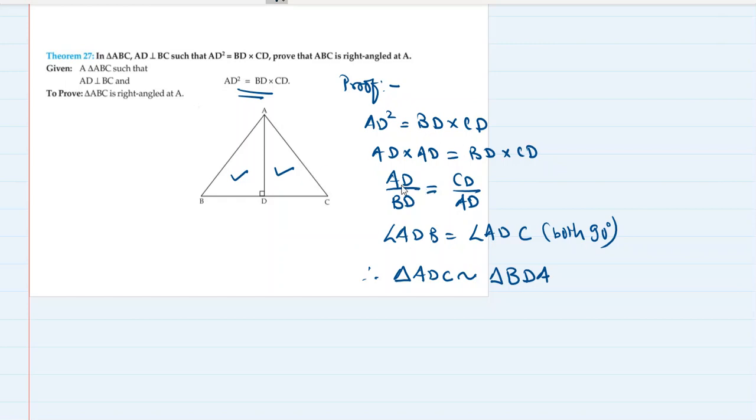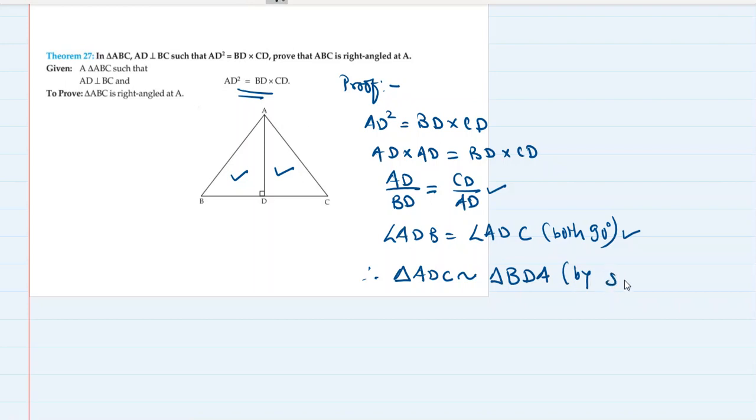From this backdoor technique, we found it before itself that these two triangles must be similar to each other. And they are similar, see, because this is proved and this is also proved because both are 90 degree. So both the triangles are similar by which test? By SAS. I'm sorry for that.